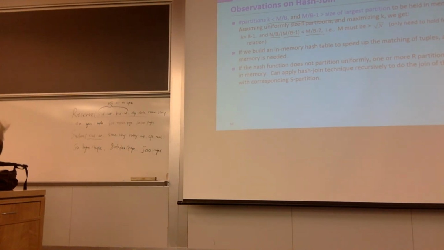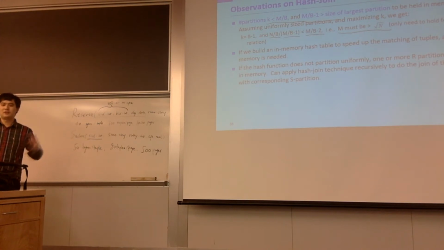If you solve for that, roughly m has to be greater than the square root of the table size. So if your memory size is greater than the square root of your table size, you can do the hash join in 2 passes.